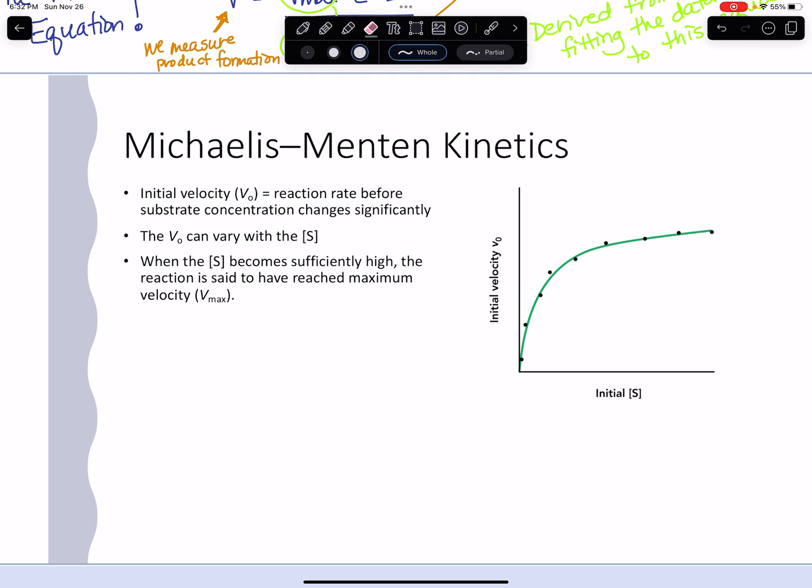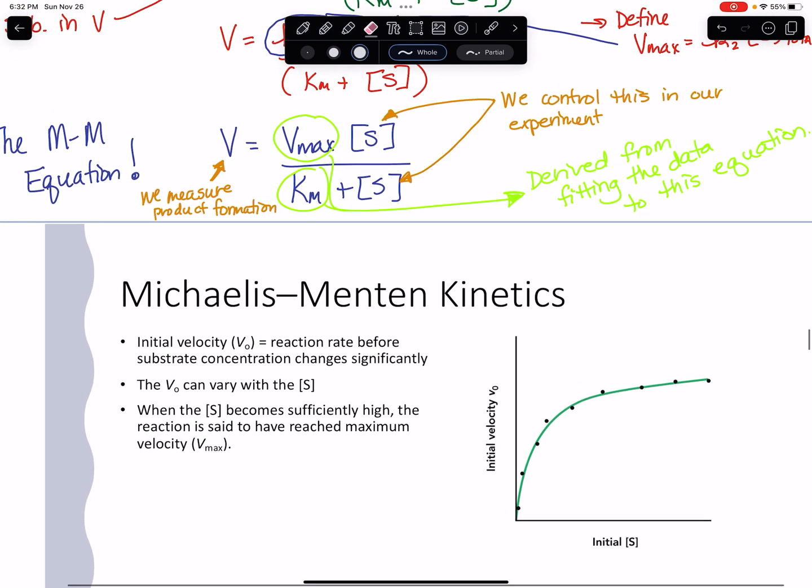All right, so for Michaelis-Menten kinetics, we've got our V0. So this right here, this V, the velocity, is what we measure, and remember that we are doing our experiment so that we're doing it only in that steady state region where we are well before running out of substrate.